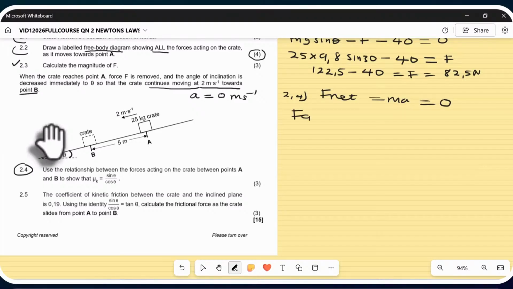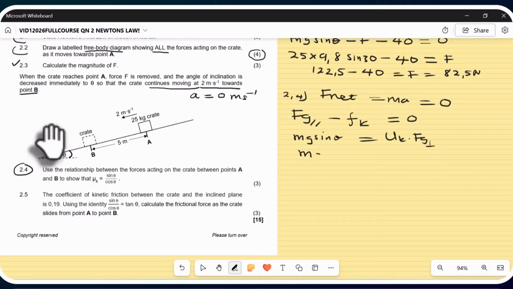Now our FG parallel is given by mg sine theta, and then what about frictional force? It's given by the coefficient times FG perpendicular. Now, if mg sine theta is for the FG parallel, then our FG perpendicular, we use mg cos theta.